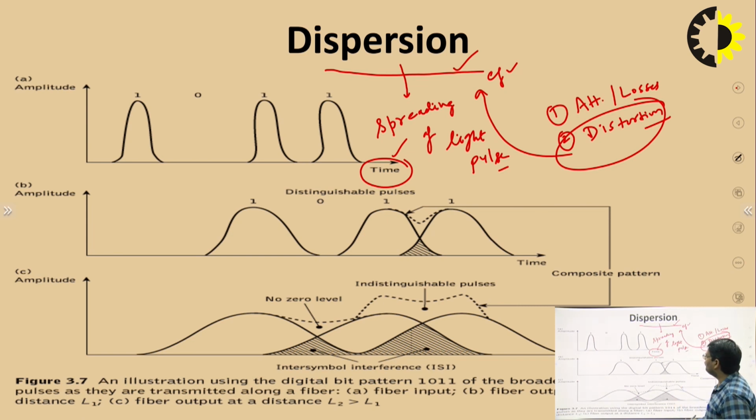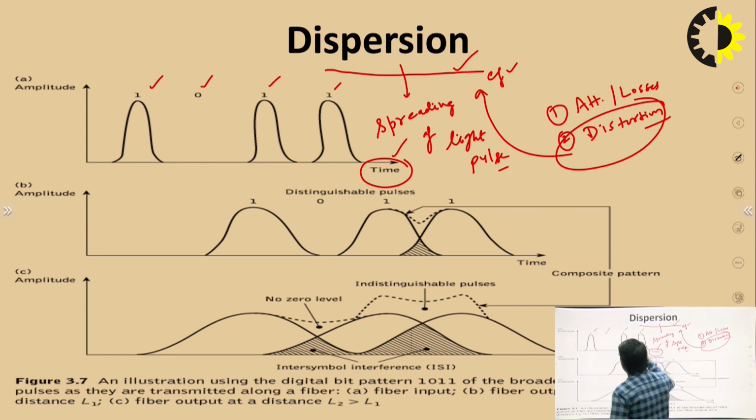Here we can see one example. Here the digital signal is being transmitted in the form of pulses. The pulses are 1, 0, 1, 1. We can see that as the length of the fiber is covered, in the first case we have a distance L1.